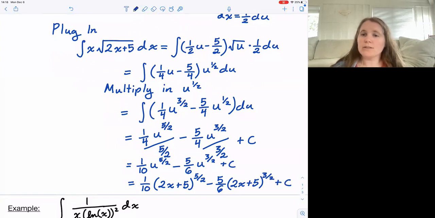So again, this didn't particularly look like a u-substitution problem, but we could still use u-substitution.